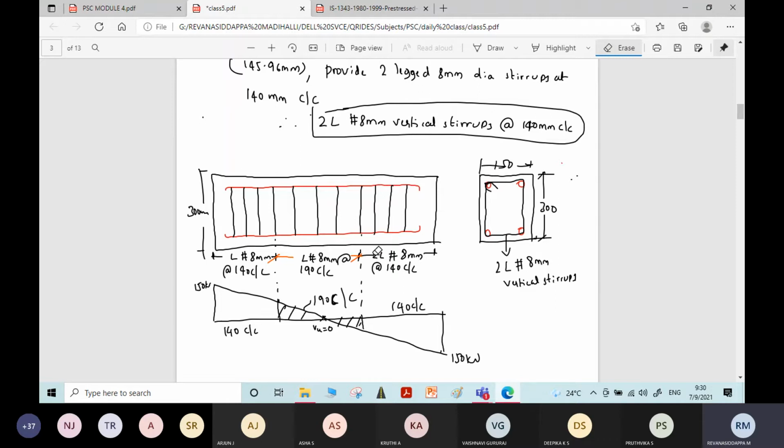Write the figure quickly. 4 like it is, and spacing also different.